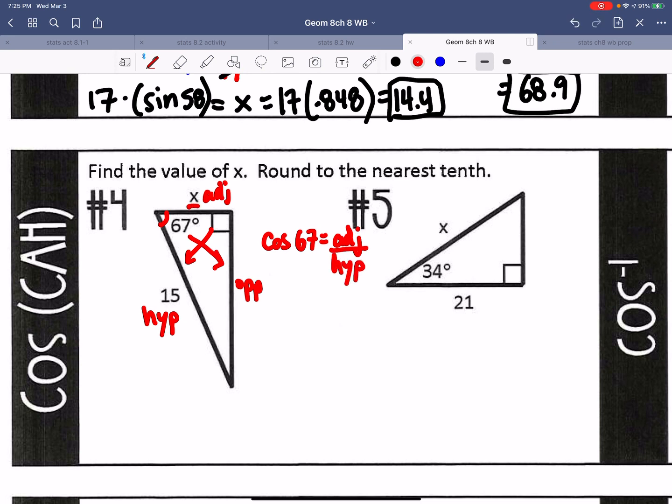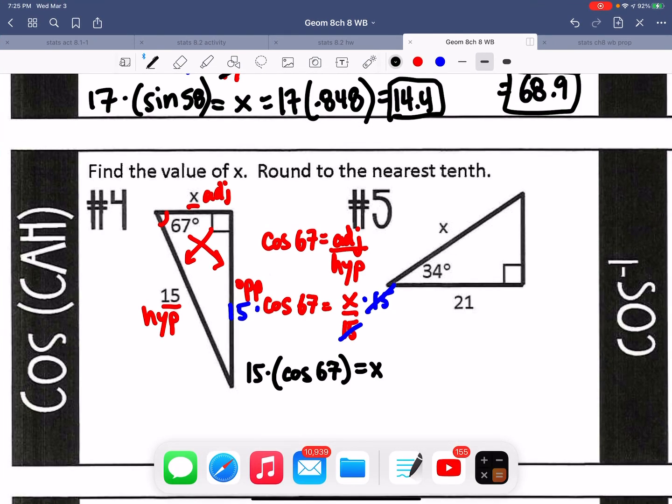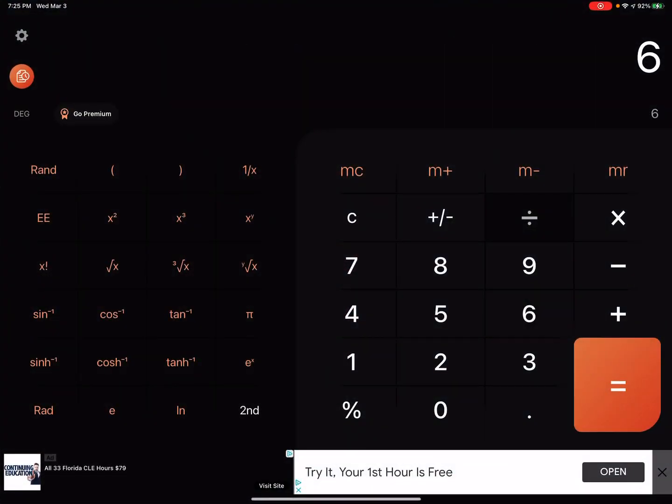Okay, because I have x to plug in for adjacent and 15 to plug in for hypotenuse. So the cosine of 67 is x over 15. Okay, so to solve for x, I'm just going to multiply 15 by both sides so that the 15 would cancel, right? So the left side says 15 times the cosine of 67, and we have x. So what is the cosine of 67?